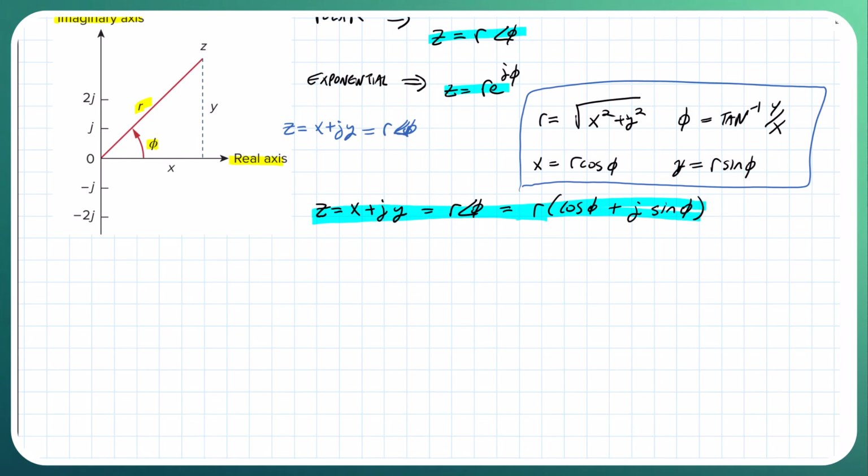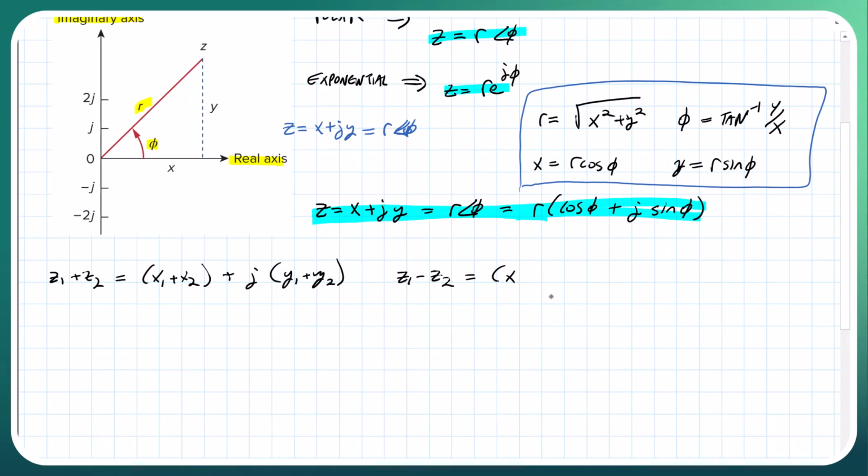For addition, z1 plus z2 is equal to x1 plus x2 plus j times y1 plus y2. For subtraction, z1 minus z2 is equal to x1 minus x2 plus j times y1 minus y2. These are just mathematical operations for complex numbers that are good to know when we're doing our analysis.